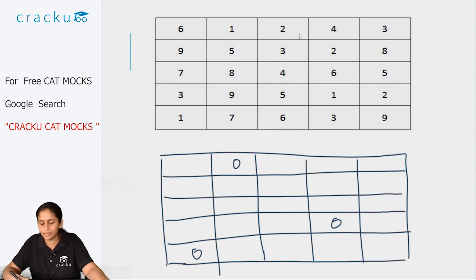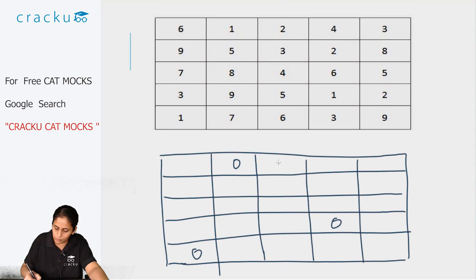The guys at 2s can only be reached by the guys at 1s. So this 2 can be reached by this one, so it has 1. Then we have another 2. It does not have any 1s in its vicinity, so it cannot be reached by anybody. Then we have a 2 over here. It has a 1 in its vicinity, so the number here is 1. So we have filled all the 2s.